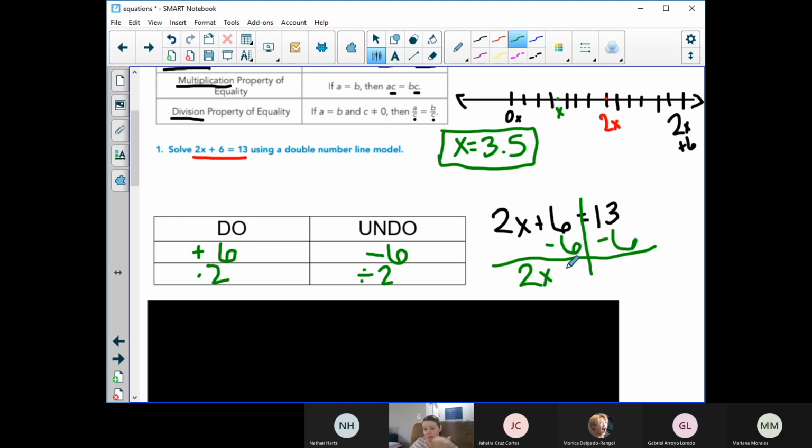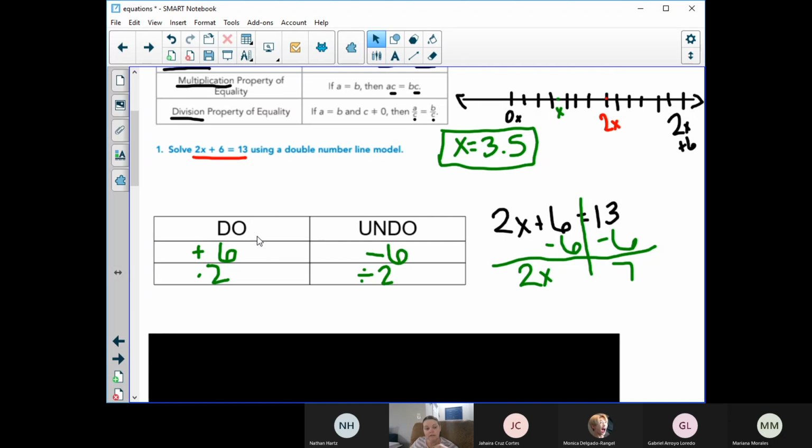So I can either write plus 0 or write nothing. 13 minus 6, 13, 12, 11, 10, 9, 8, 7.